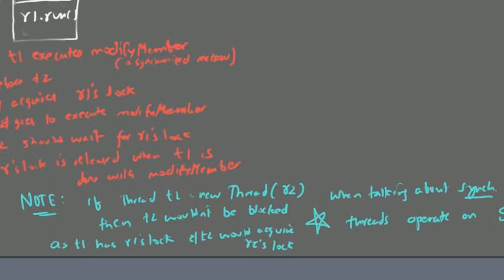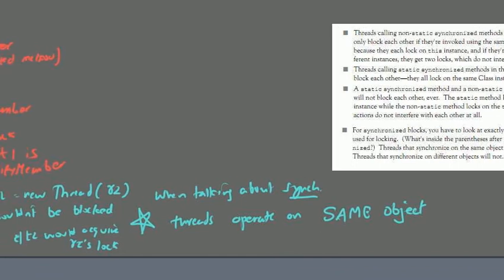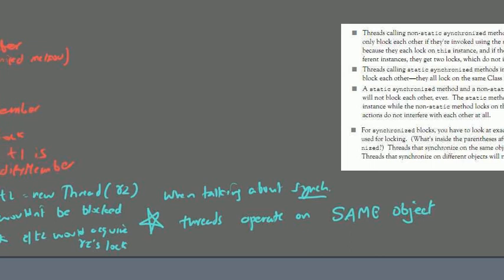So T1 and T2 are holding locks of different instances, or different jobs. They don't wait for each other because they're not operating on the same instance. So when talking about synchronization, threads operate on the same object. That's when one thread would lock out another one.